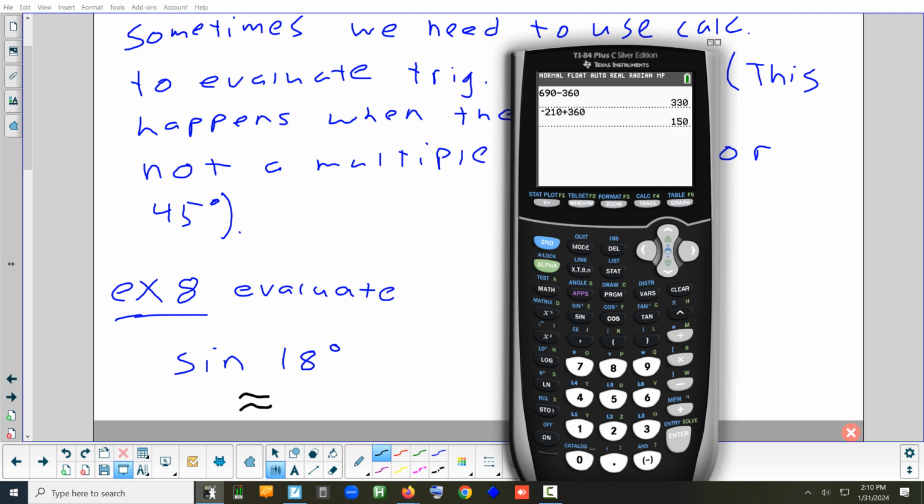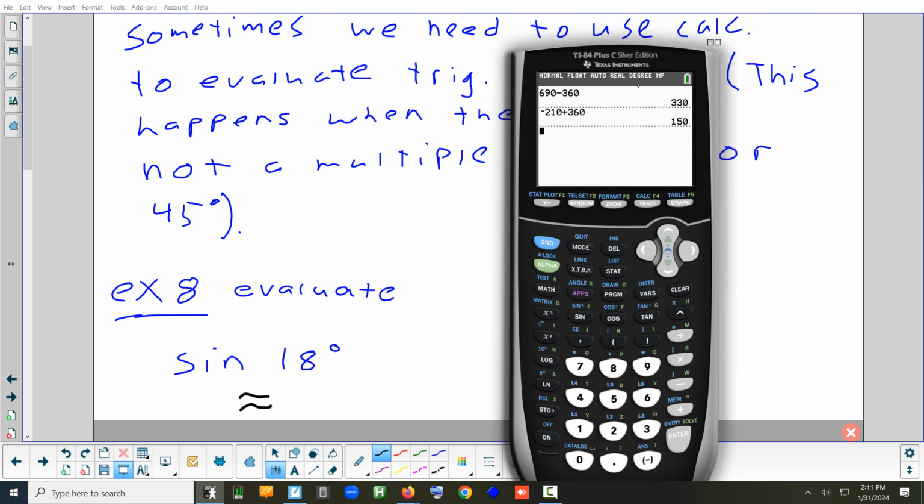If I type it in right now, I'm doing the sine of 18 radians, and that's not what the question is asking. So press mode, then it's the fourth option down, and pick degrees. If it doesn't say degrees at the top, you are not in degrees.